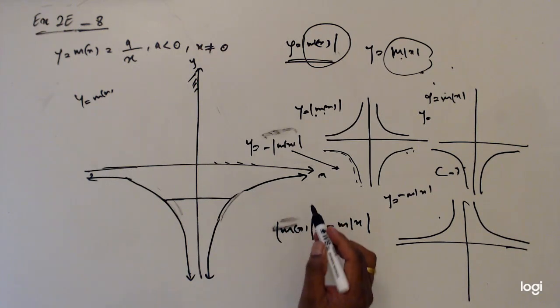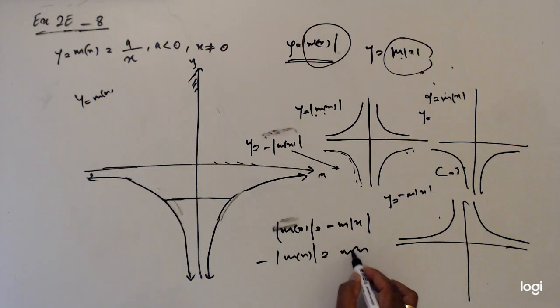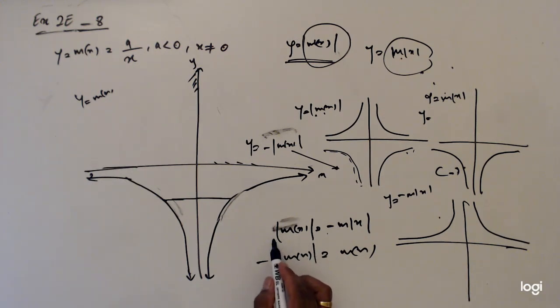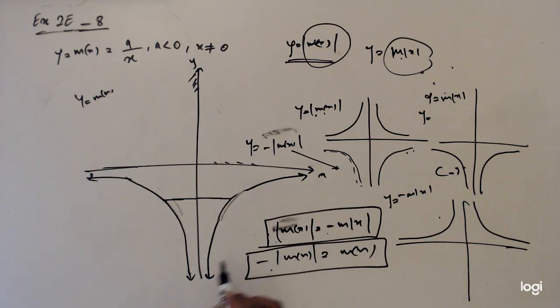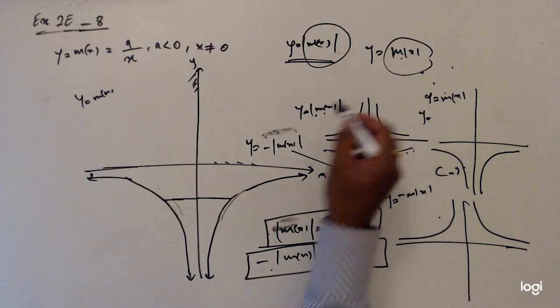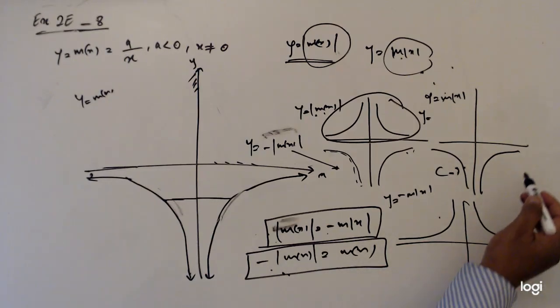Basically, minus mod mx equal mx. But when you look at this, both are almost same, because when you multiply by minus you will get this one, but this is a different graph, this is a different graph. So this one is this.